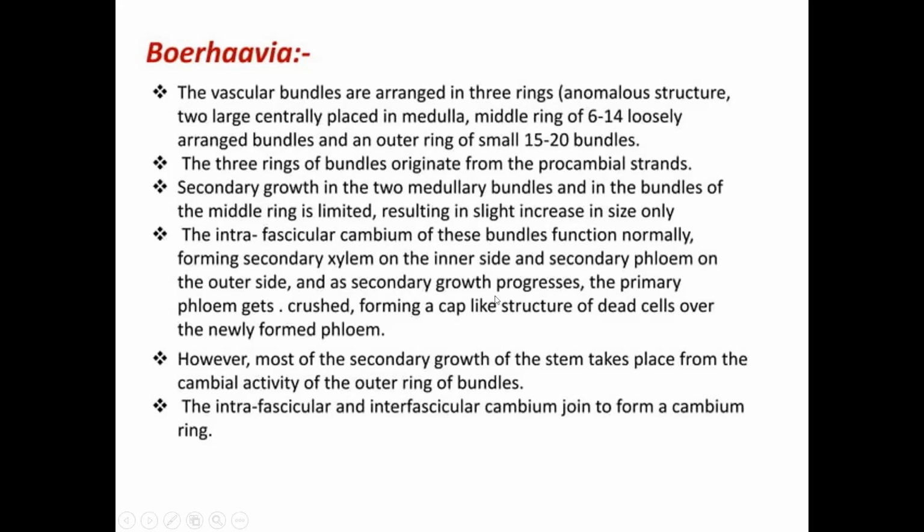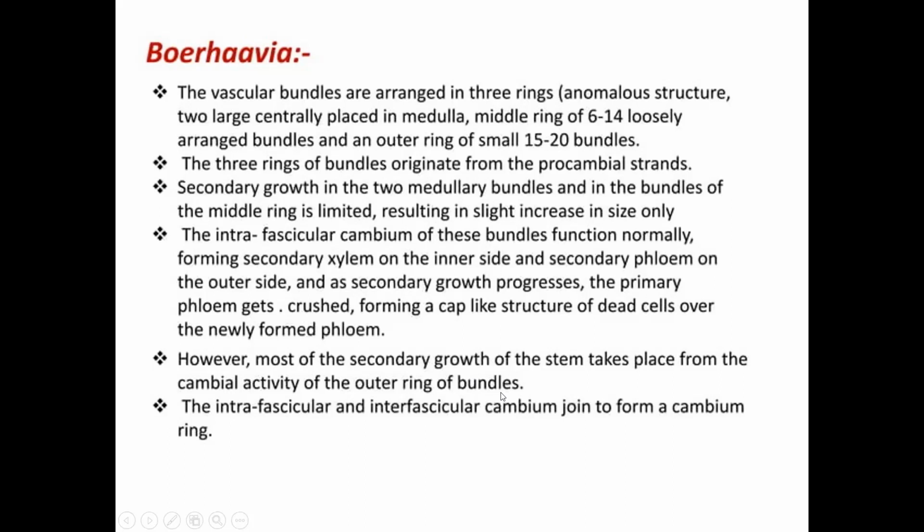As the secondary growth progresses, the primary phloem gets crushed, forming a cap-like structure of dead cells over the newly formed phloem. However, most of the secondary growth of the stem takes place from the cambial activity of the outer ring of bundles.